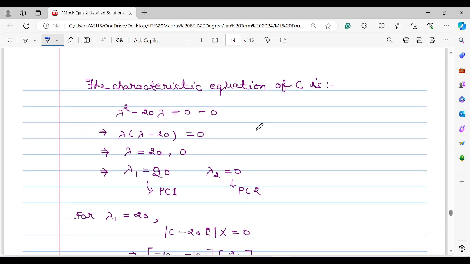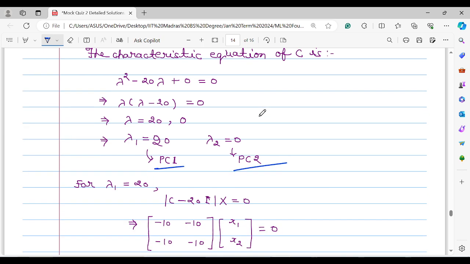The largest eigenvalue corresponds to the first principal component, and the second largest value of lambda corresponds to the second principal component, PC2. Because the second principal component's eigenvalue is 0, it means the spread is 0.